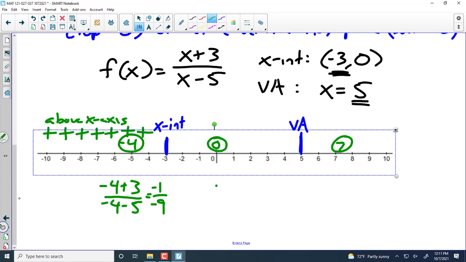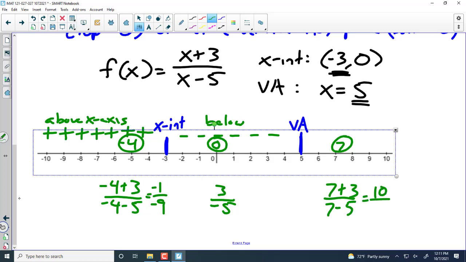If you put a 0 in there, you're going to get 3 over -5. Is that positive or negative? Negative. That means for this part right here, we are below the x-axis. If you put a 7 in there, you're going to get 7 plus 3 over 7 minus 5, which is 10 over 2, which is positive.